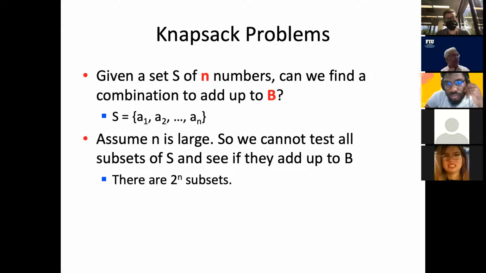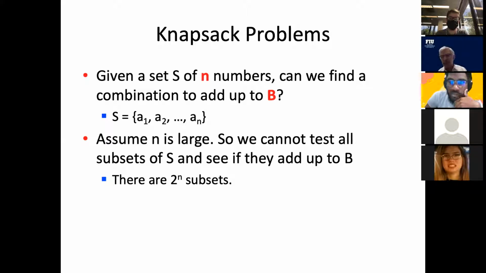And here we are going to assume that n is reasonably large, and we can't really test out all possible subsets because the number of subsets is large, 2 to the n. And so trying to figure out whether they add up to b can be a challenge. Now, by the way, if the numbers are not integers, then we cannot come up with an approach like this.